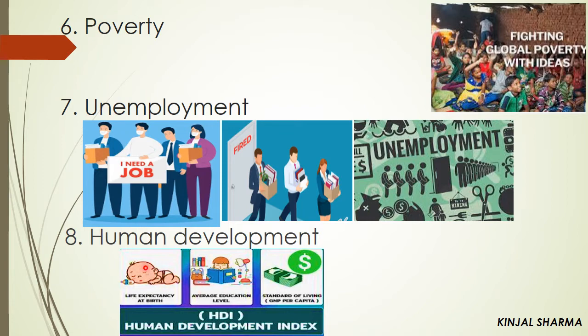Next comes human development. We have various indicators to measure human development, like average life expectancy, literacy, gender ratios, infant mortality rate, and so on. One of the indices to measure human development is the HDI, that is, the Human Development Index.